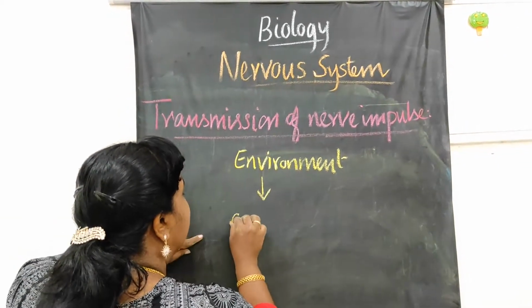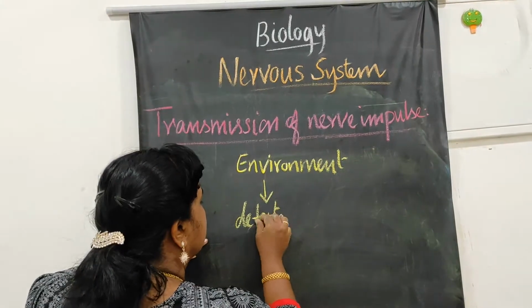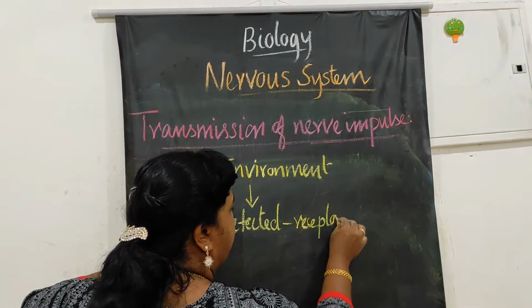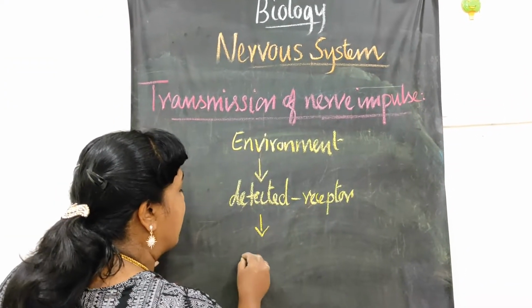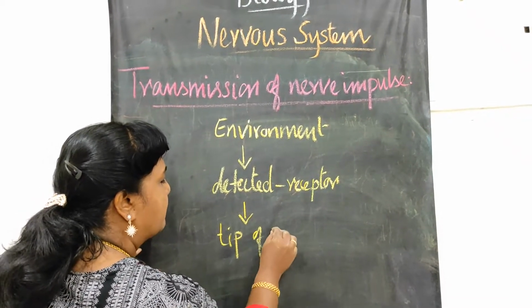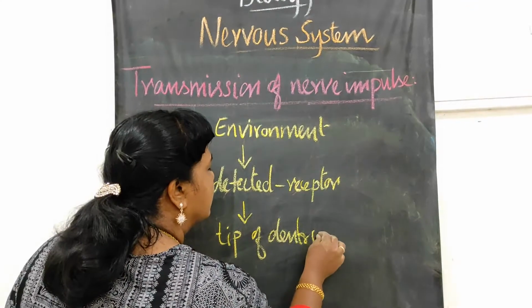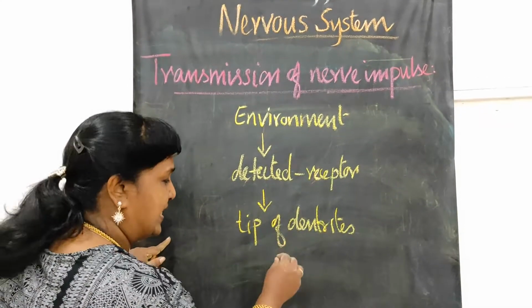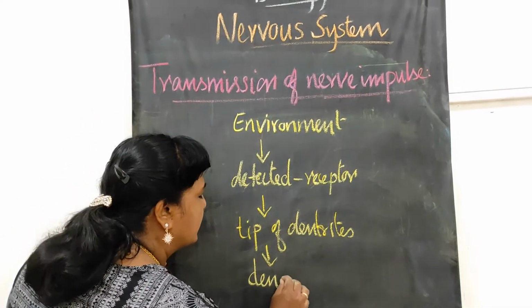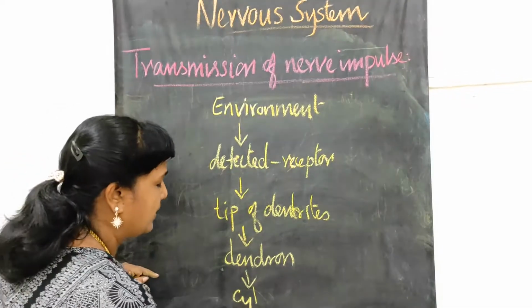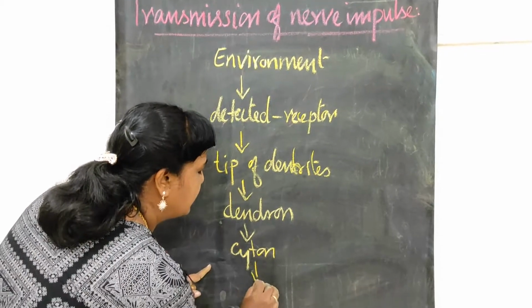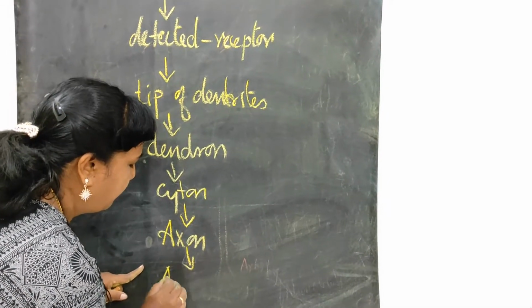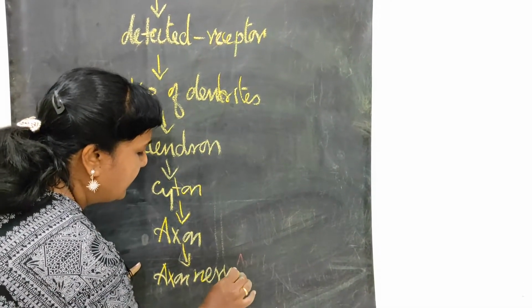They are detected by the receptors, and first they enter into the tip of the dendrites, then to the dendron, then to cyton, then to axon, and then to the nerve ending.